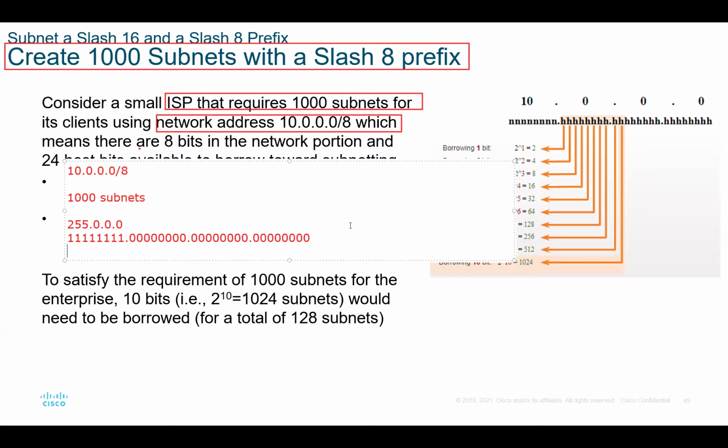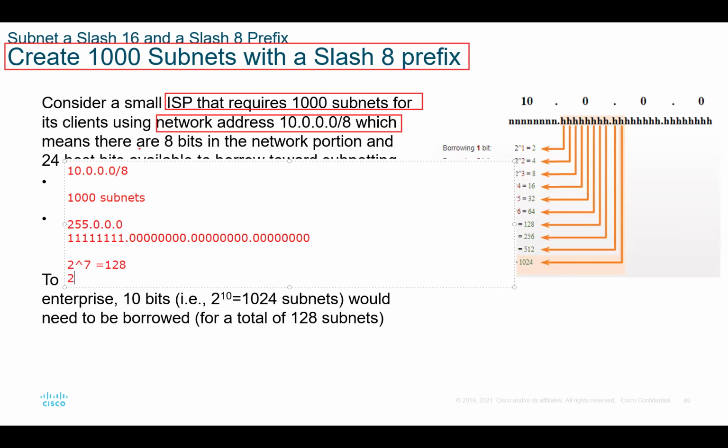Now, how many bits can we borrow to get 1000 subnets? I think we had already borrowed 7 and said 2 raised to power 7 will give us 128, which is not anywhere near 1000. We continue. 2 raised to power 8 will give us 256.